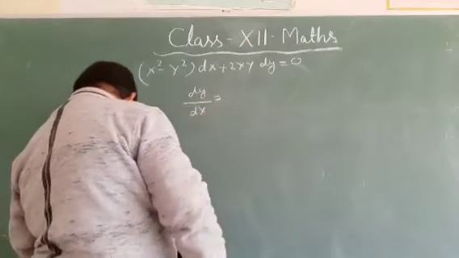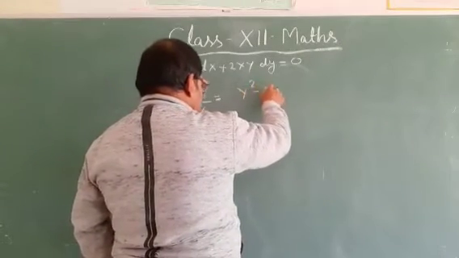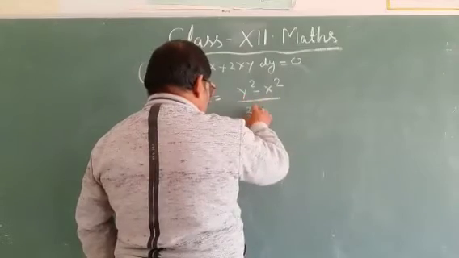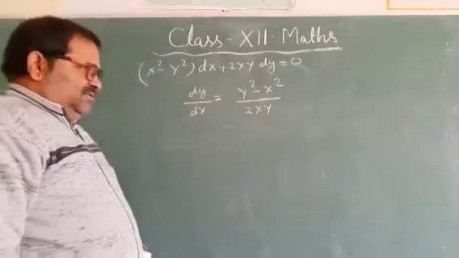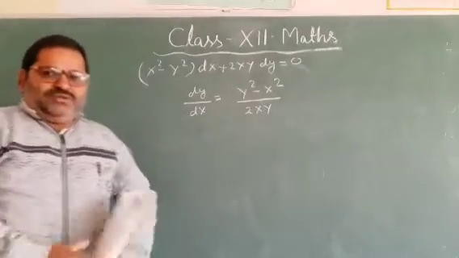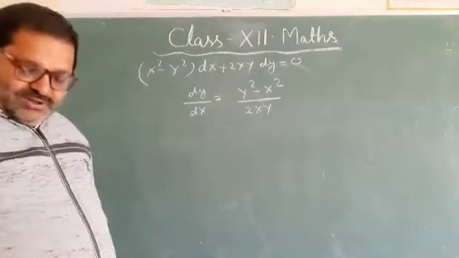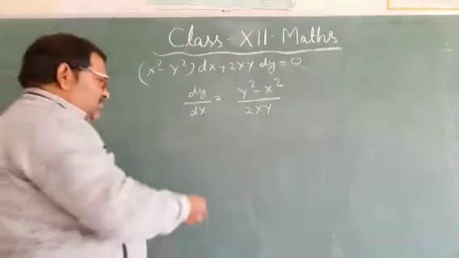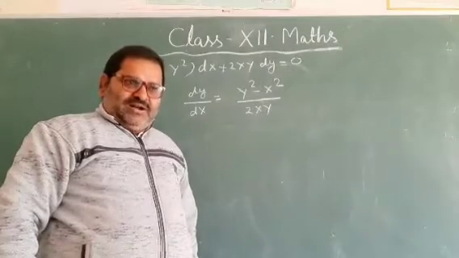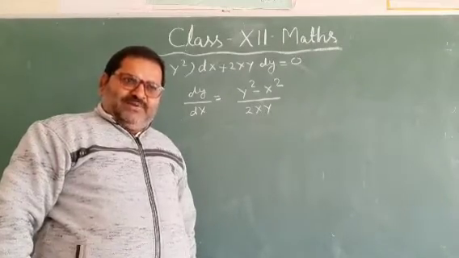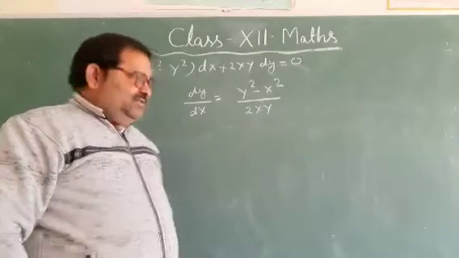So first we simplify: dy by dx equal to (y square minus x square) upon 2xy. We verify that this is a homogeneous function, so we substitute lambda x and lambda y in place of x and y.